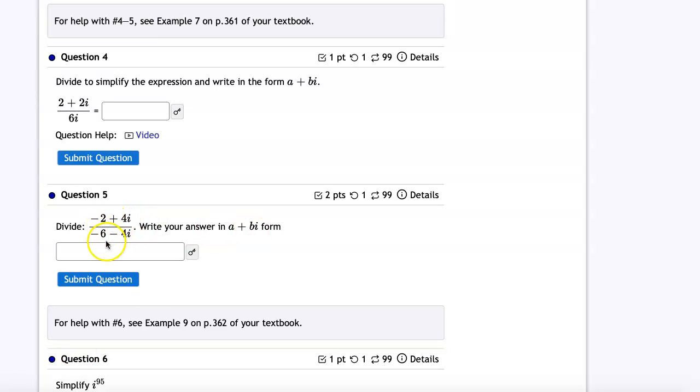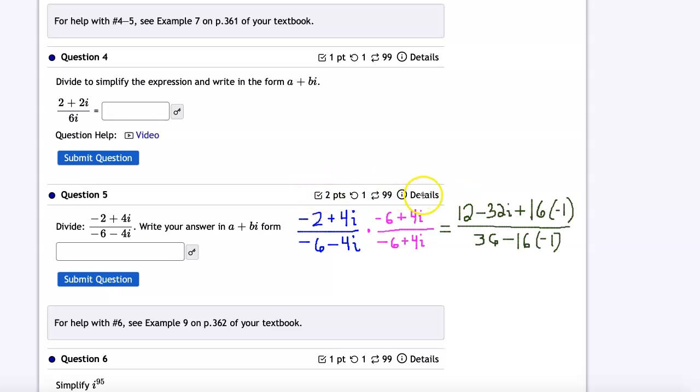So here what we want to do is first ask, what is the complex conjugate of negative 6 minus 4i? And the answer is negative 6 plus 4i. It's the middle terms that switch signs. So now we're going to use that same FOIL process that we did earlier with multiplication. Using first, outer, inner, last, I've already combined the outer and inner here to negative 32i.